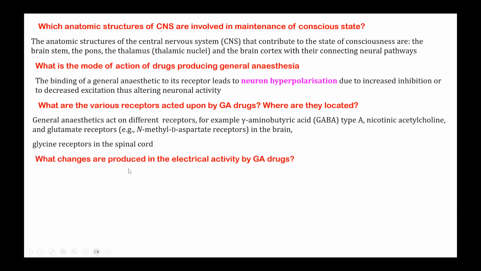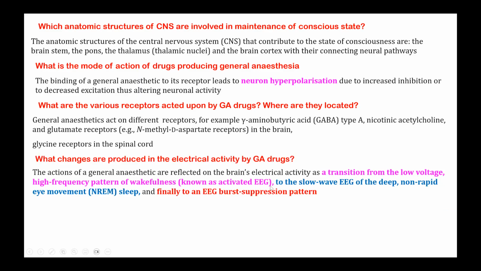And what changes are produced in the electrical activity by GA drugs? That also we have seen: it's a transition from the low voltage, high frequency pattern of wakefulness to a slow wave EEG of deep non-rapid eye movement sleep, and finally an EEG burst suppression pattern.